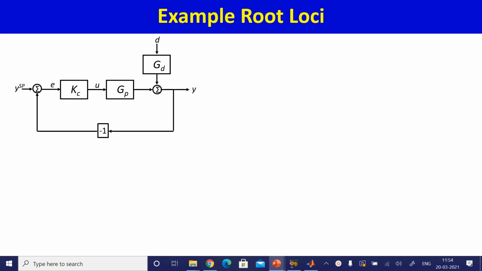So here is the SISO loop. You have the control input, the output, the disturbance, the set point, and negative feedback of the output.